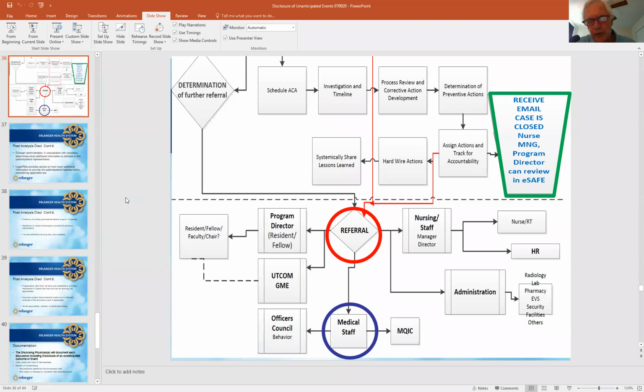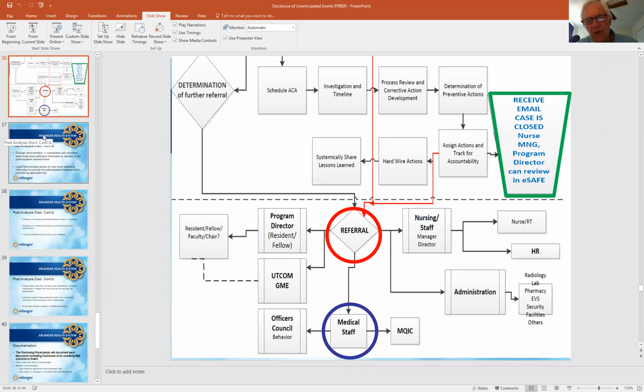Does that mean you shouldn't be reporting cases? Absolutely not. You should be reporting anytime you see a medical error or you see a practice or policy that you think is harming patients. That still should come to us. Now, that referral sometimes, as Heather just talked about, does go down to the medical staff.